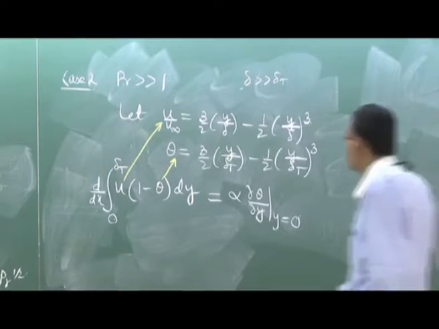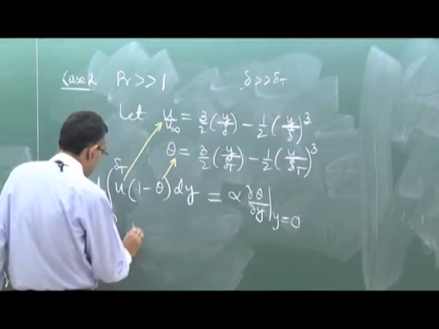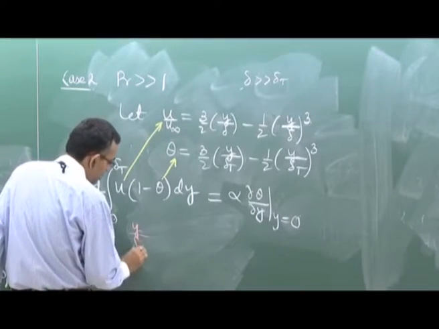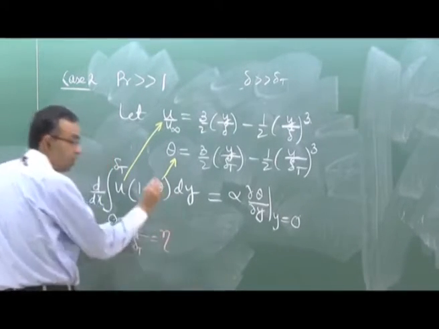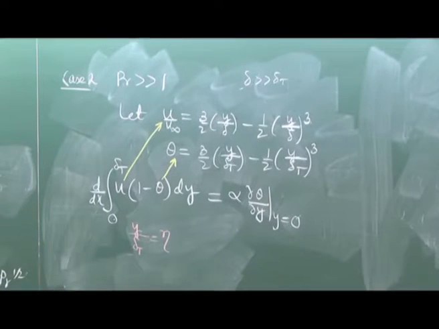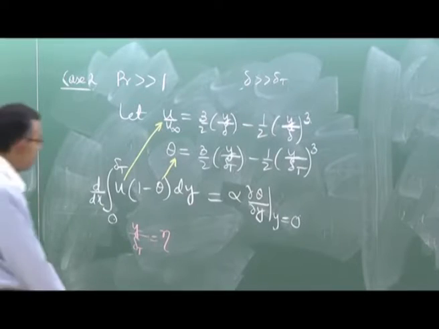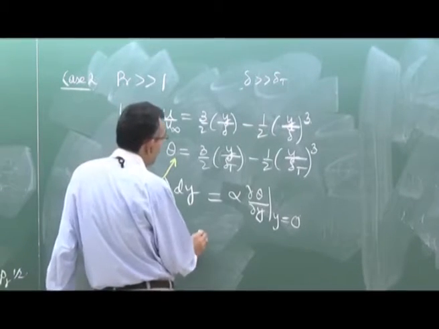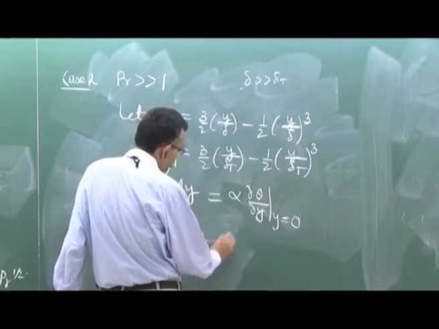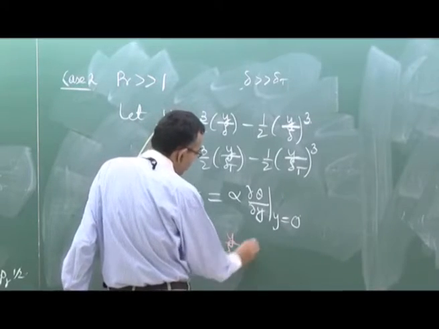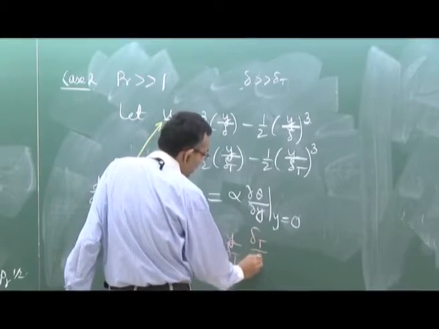So in this equation we will substitute this U and we will substitute this theta. So we will assume that y by delta T is equal to eta. So y by delta is equal to y by delta T into delta T by delta.